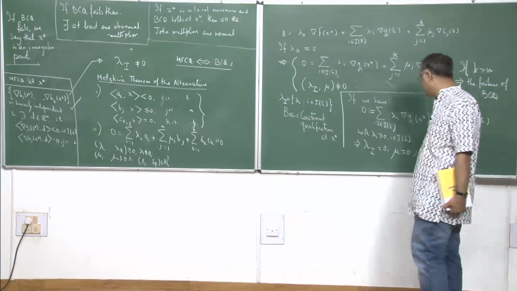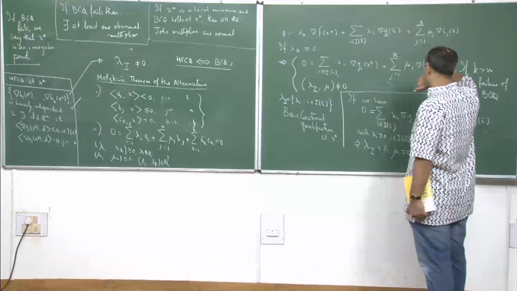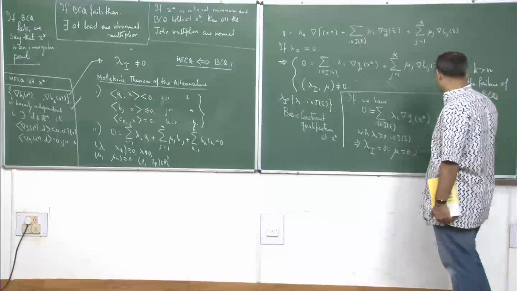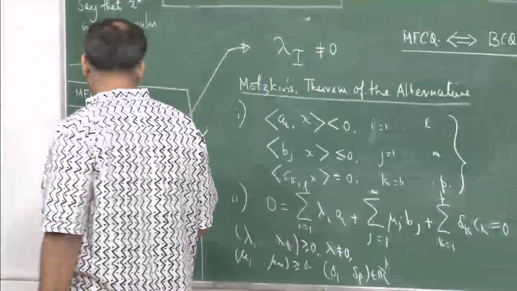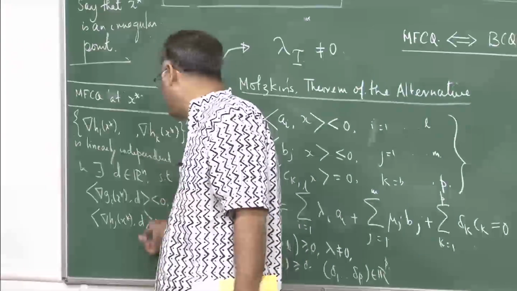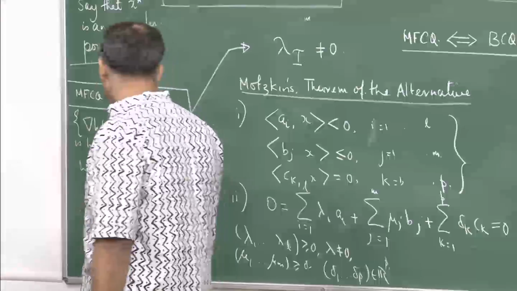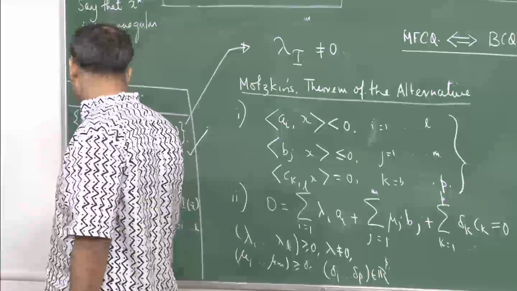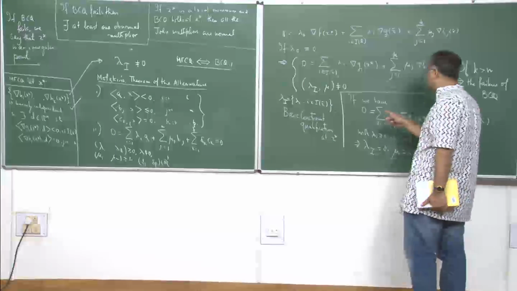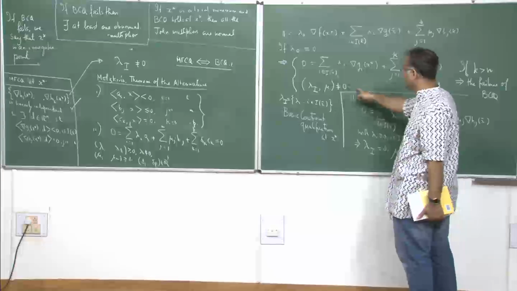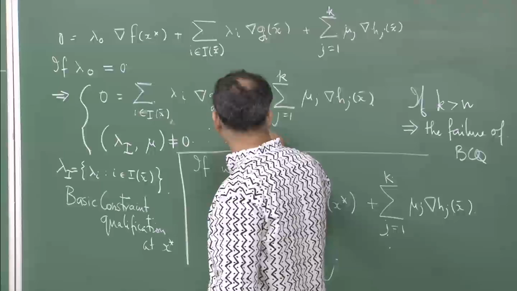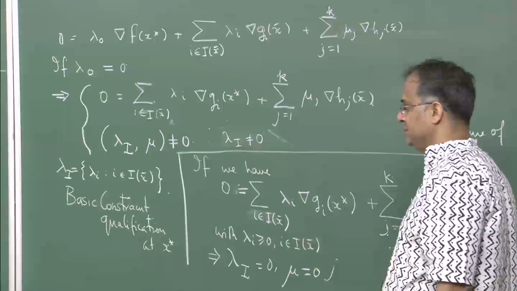So, here suppose this has a solution, means if lambda is equal to 0. So, what we have done is the following: if MFCQ is holding, that is if there is a D such that, then this system cannot have a solution, with, of course, the vector lambda I not equal to 0, right.